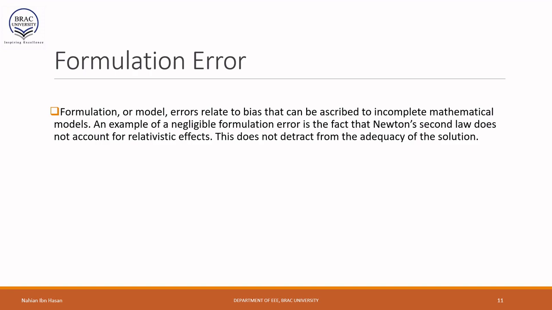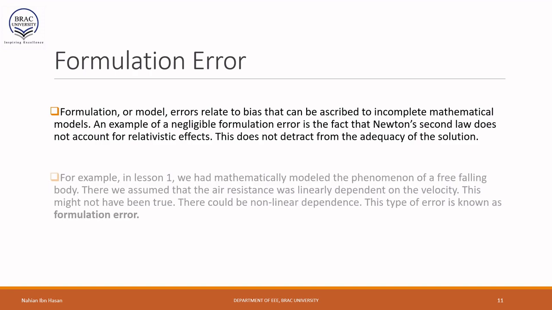Whenever you fail to incorporate any important parameter that describes the system more realistically, then the error would increase, and that's the formulation error. You have an error in your formula, you have an error in your mathematical model. So you have to be careful about mathematically modeling a physical problem or any kind of problem. It's a human error actually.